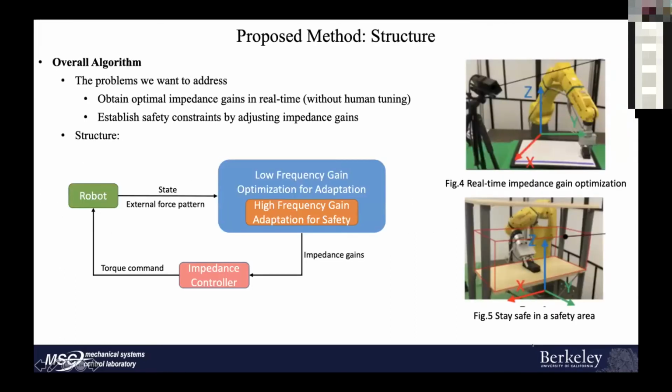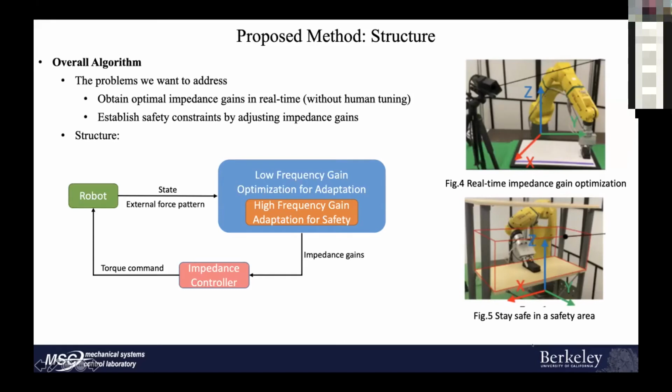So first, let's take a look at our structure. As we just talked about, there are two problems we want to address: obtain the optimal impedance gains in real time without any human tuning, and also establish safety constraints by just adjusting those impedance gains. Since in practice, safety always has the highest priority, we break the optimization into two levels.